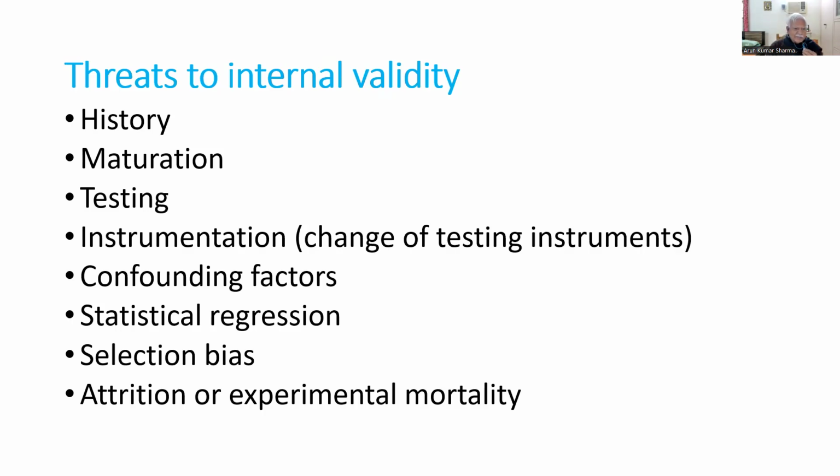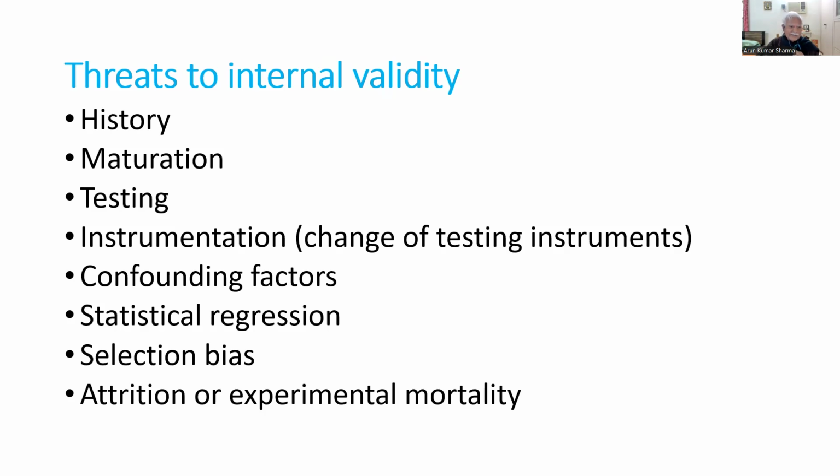Similarly, maturation. Maturation means the participants, as time passes, change their characteristics. As age increases, our perceptions, our creativity, our mental stability, our mental models, our mental complexity, everything changes.